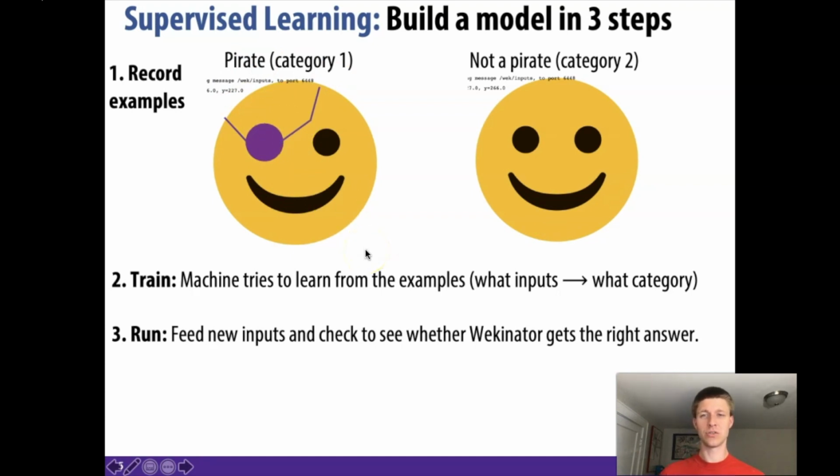But what we really need to do next is to run the model to check that it really has done what we want it to do. So we'll feed it some new inputs and check to see whether Wekinator gets the right answer on a pirate face that it's never seen before, whether it can still categorize it correctly as a pirate or not a pirate. So let's go through that now.